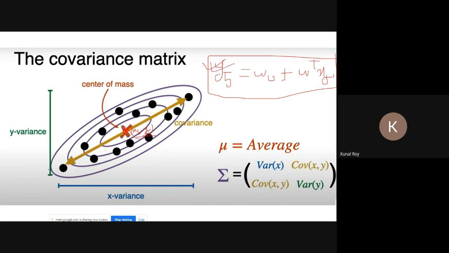Then we can draw a line from that point after calculating the average, and separate into two classes, say class A and class B.